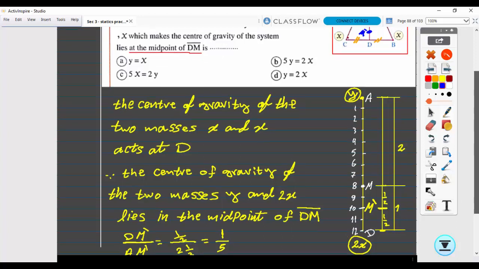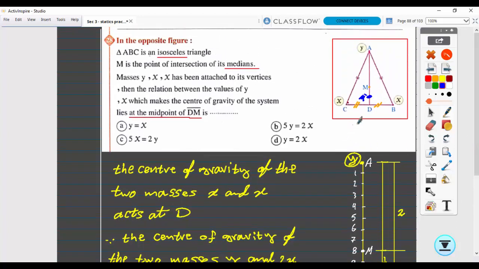But first, let us determine the center of gravity of the two masses x and x.